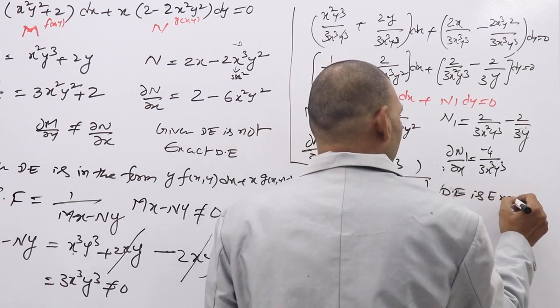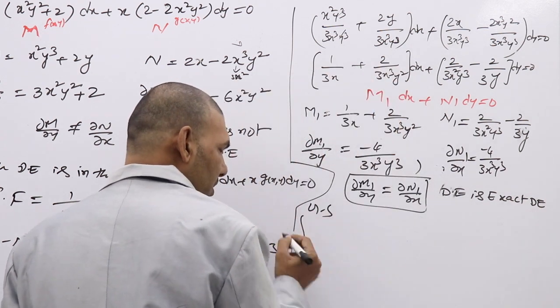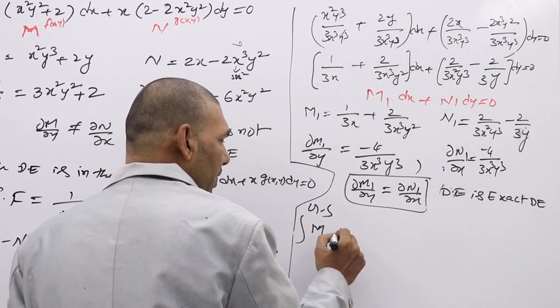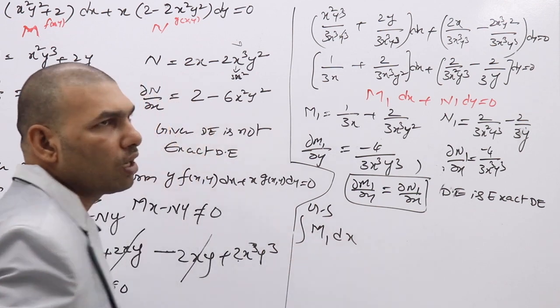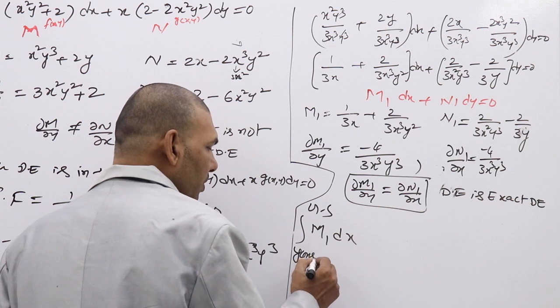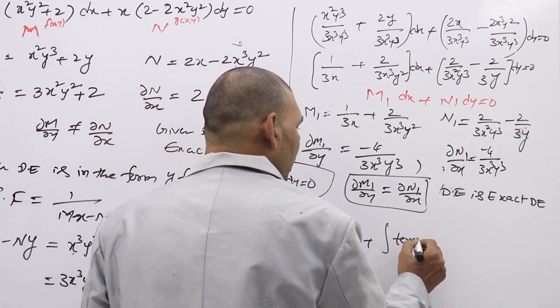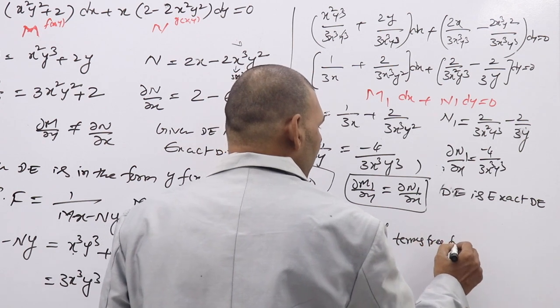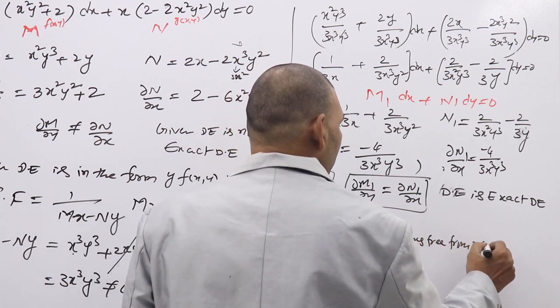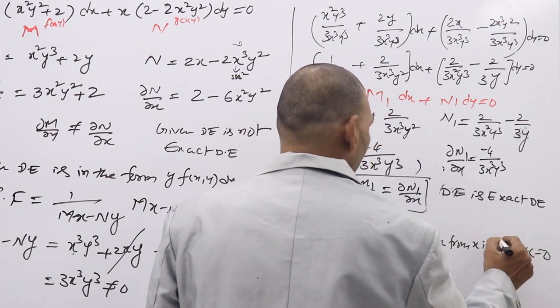D is exact. When D is exact, we write the general solution like this: integral of M1 dx, keeping y constant, plus the integral of the terms free from x in N1 dy, plus c equal to 0.